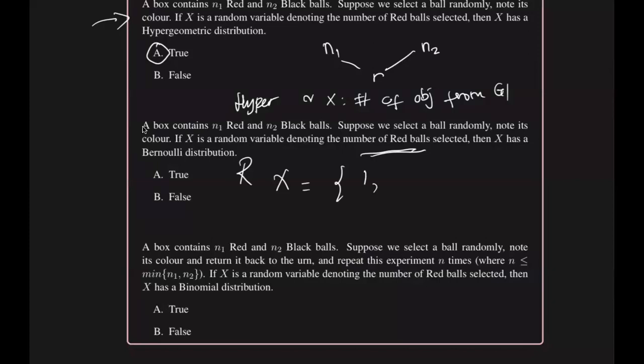If you get black, then the number of red balls selected is 0. So X only takes on two values, 1 and 0. So X is following a Bernoulli distribution. Bernoulli distribution is used for a random variable when it denotes the outcome of an experiment that can only have two possible outcomes. And here we only have two possible outcomes, 1 and 0.